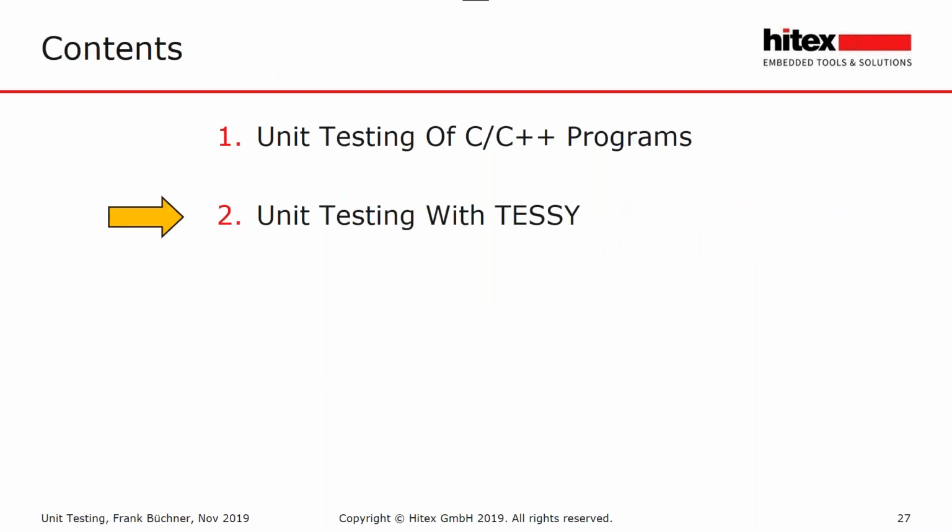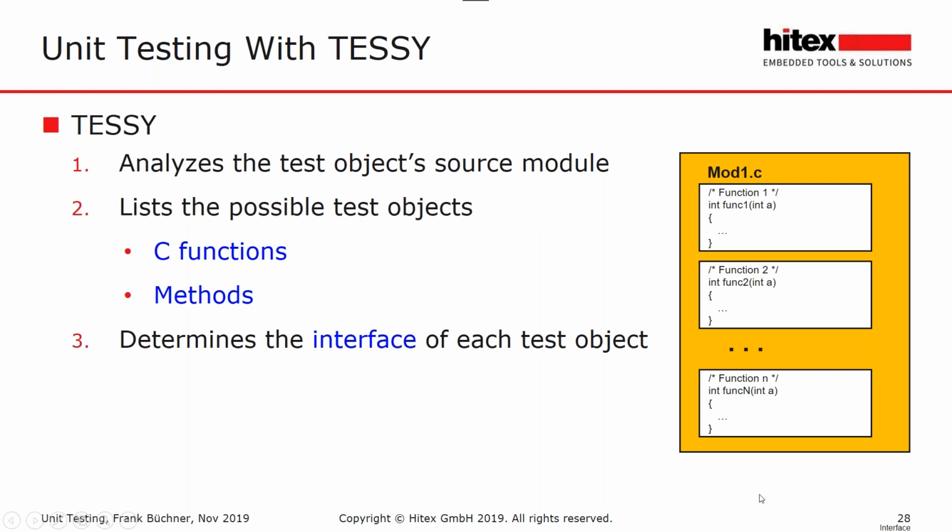Now a closer look at how unit testing with Tessy works. We already know what the test objects are, and testing with Tessy starts by specifying a source module to Tessy, and Tessy analyzes this source module and lists all the possible test objects, which can be functions in the sense of C or methods of a C++ class.